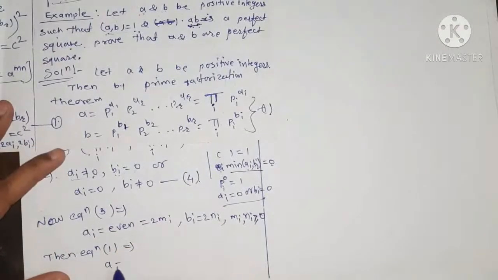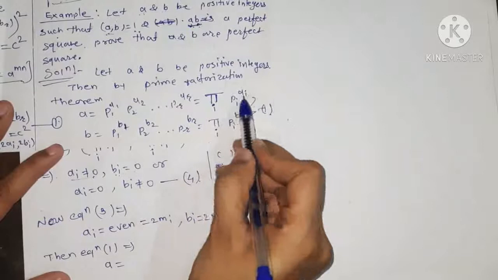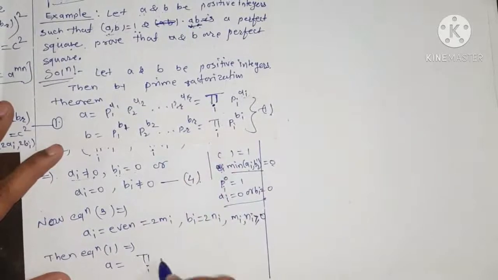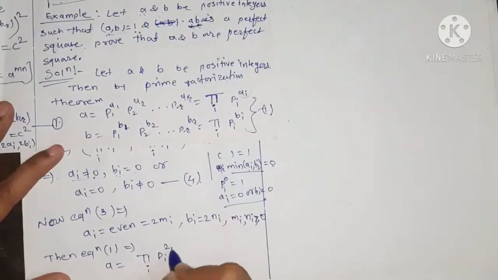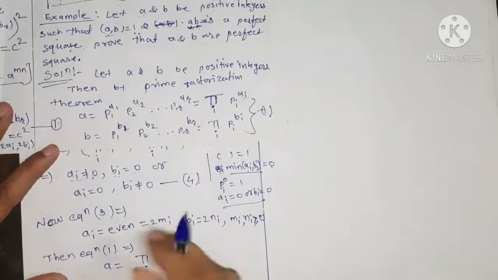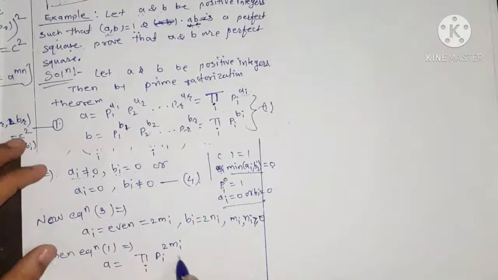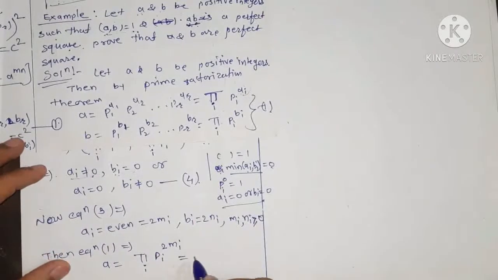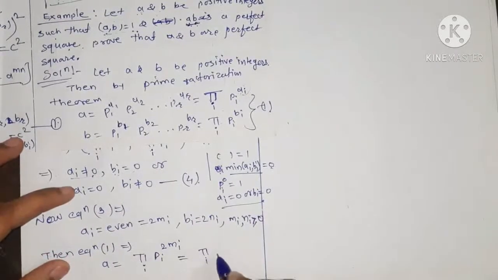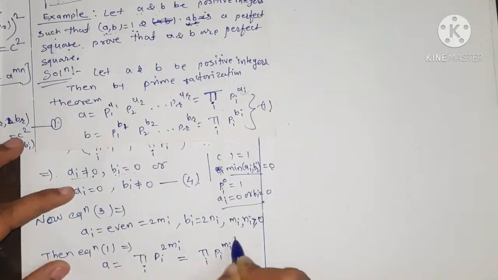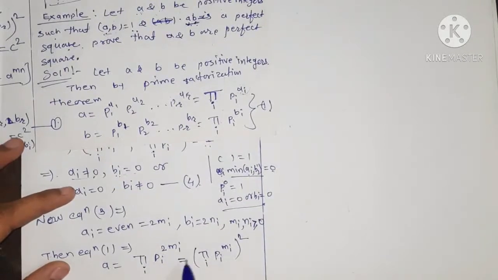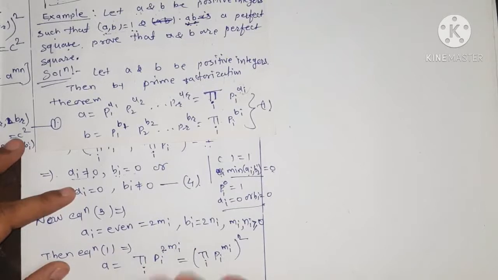So a is nothing but, we substitute the value of a_i here, so a is nothing but the product over i of p_i to the power twice m_i, and this can be written as the product over i of p_i to the power m_i, whole to the power 2. Okay, this 2 means p_i to the power m_i, whole to the power 2.